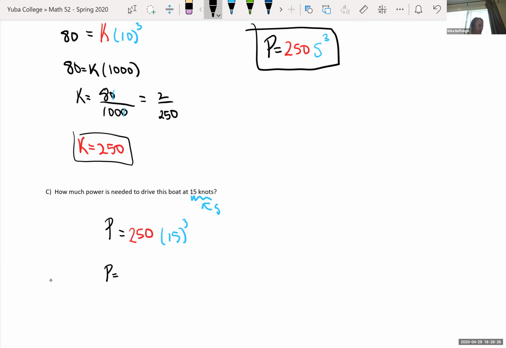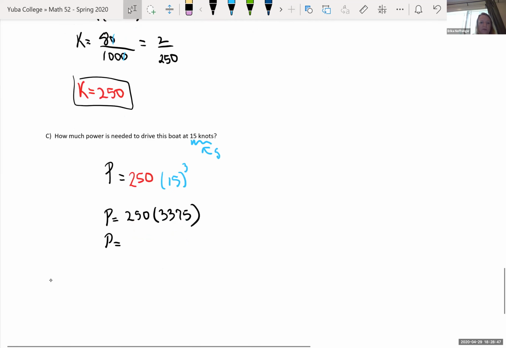So 15 cubed is 3,375. So we have 250 times 3,375. That seems like a lot of power.